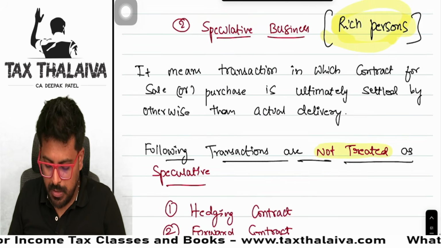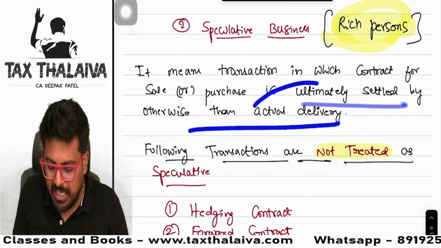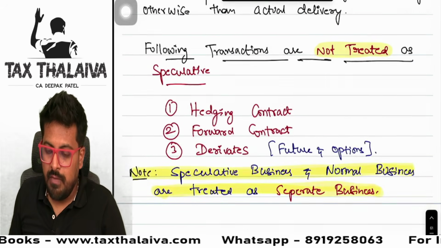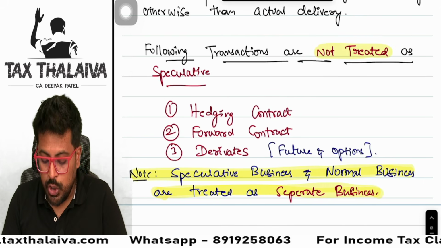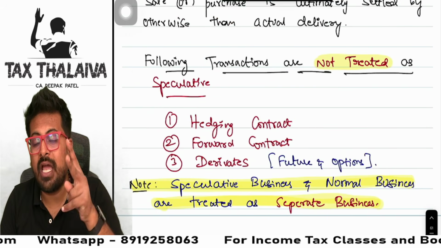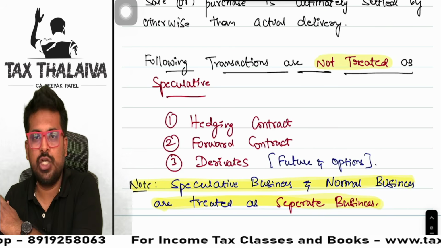In that case, it means a transaction in which a contract for sale or purchase is ultimately settled otherwise than by actual delivery. There is no actual delivery. But there are some transactions not regarded as speculation business. Guys, you have to remember these three things, because in examination, in set off and carry forward of losses, speculation loss can only be set off against speculation business.